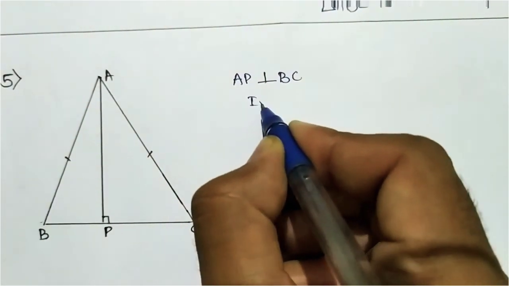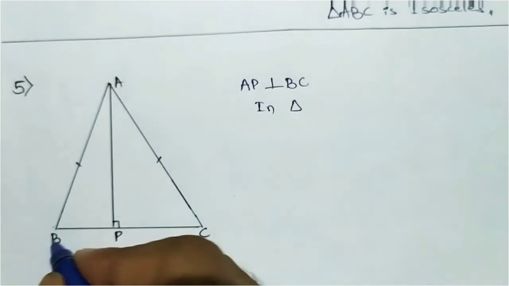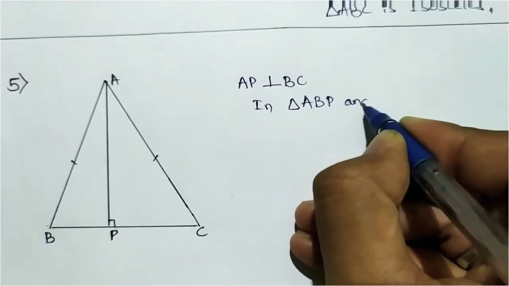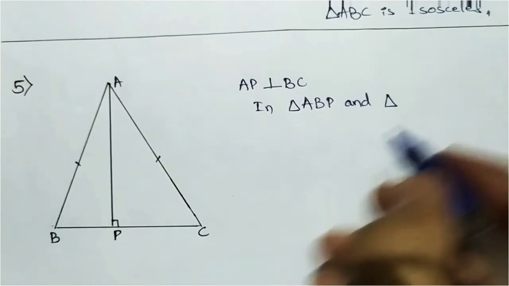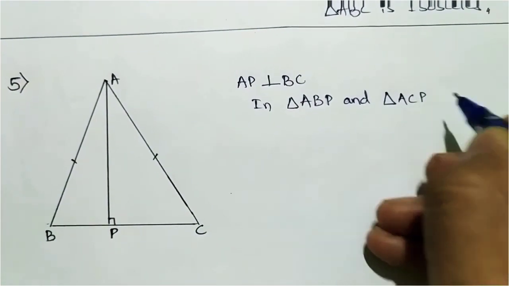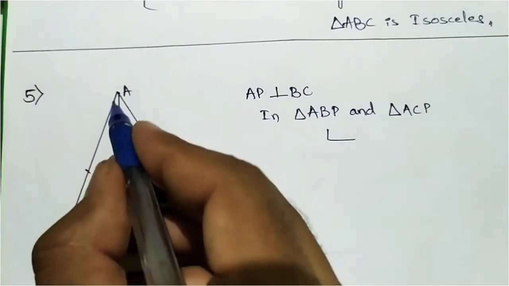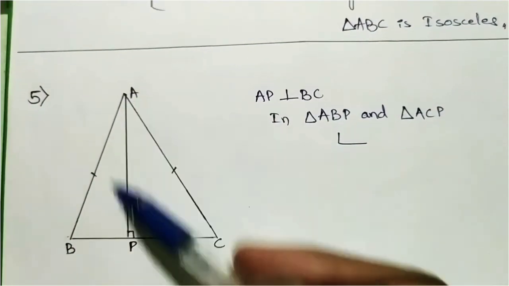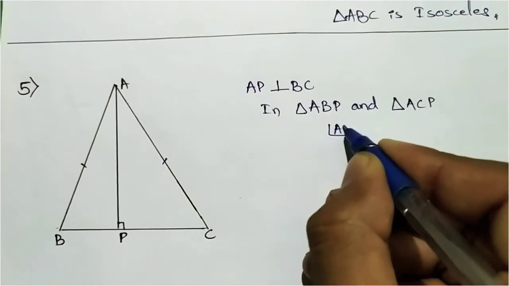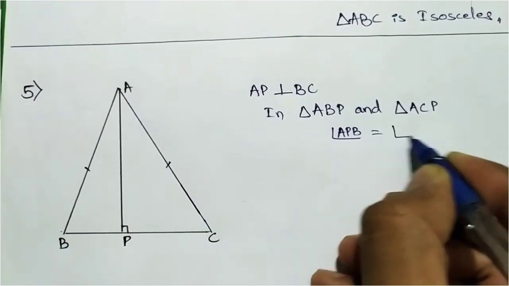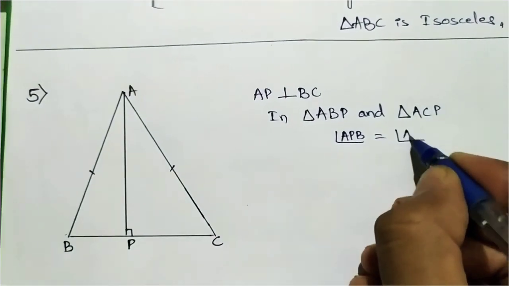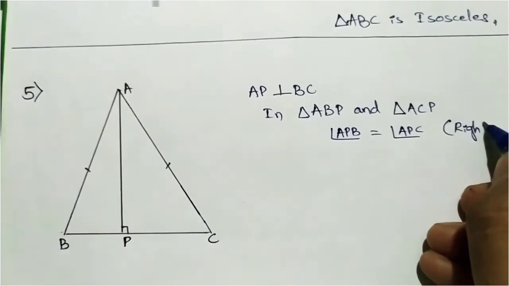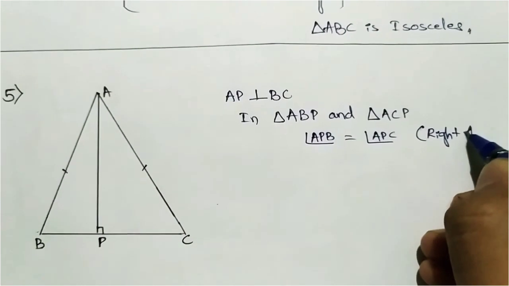So let's take two triangles, triangle ABP and triangle ACP. First the right angle, because we are solving it by RHS rule: angle APB equal to angle APC, each 90 degrees, right angle.